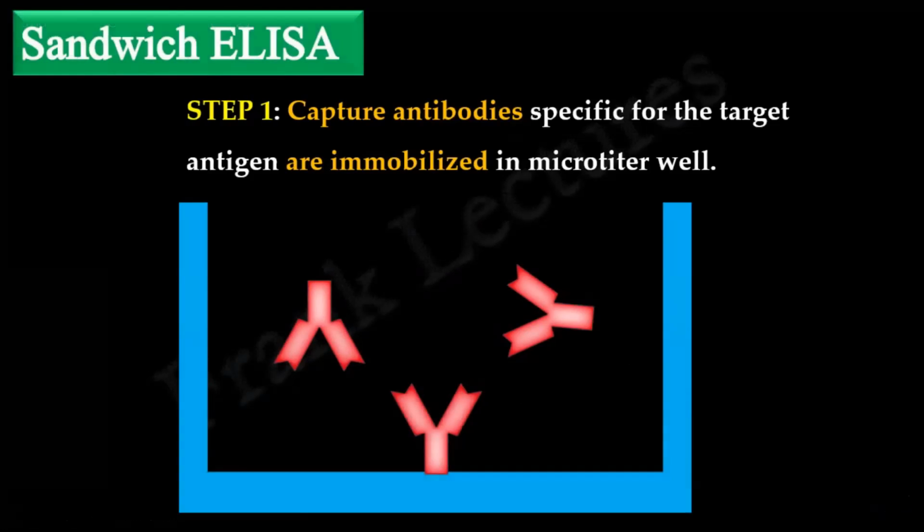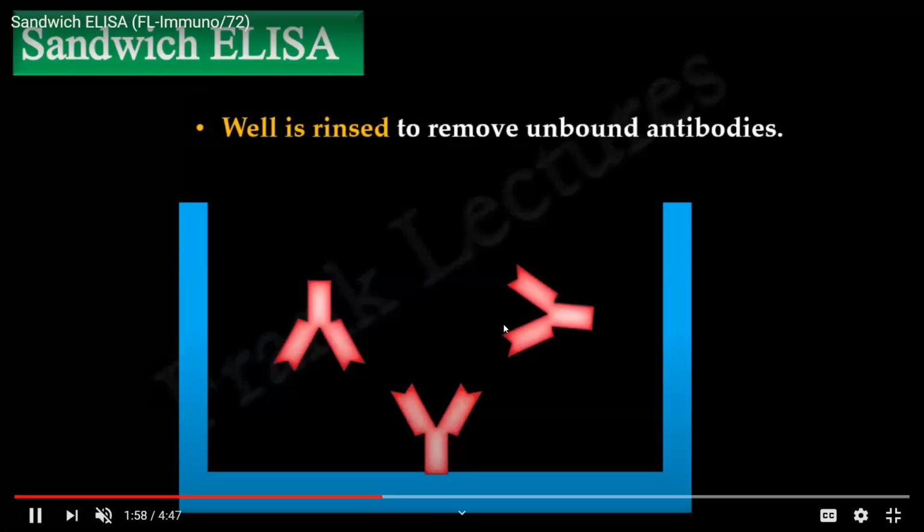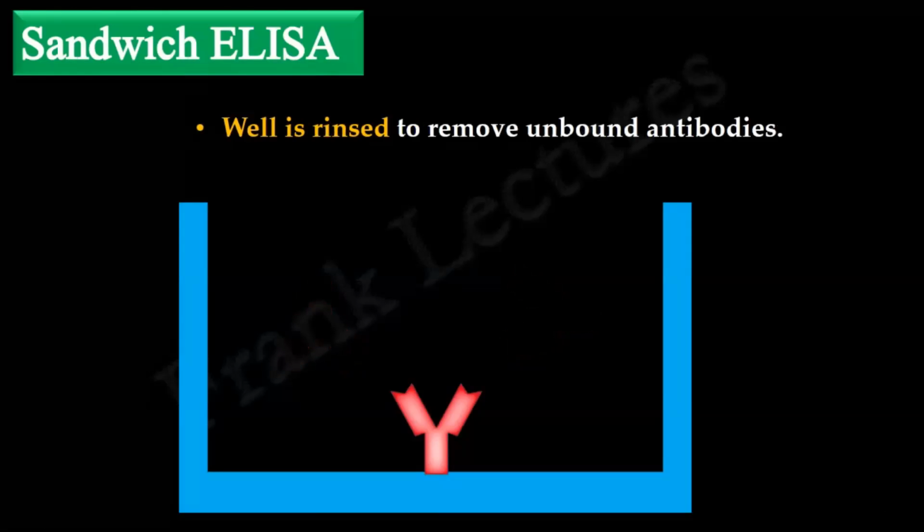After the antibodies are immobilized in the microtiter well, the next thing done is the well is rinsed so that the unbound antibodies are removed.